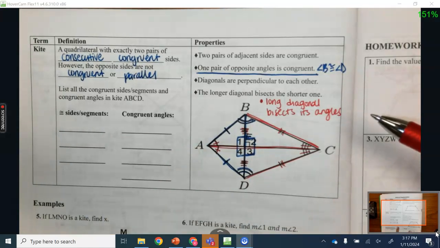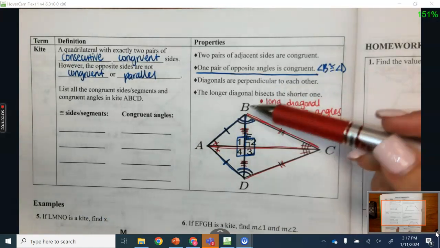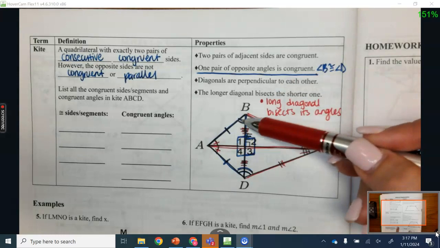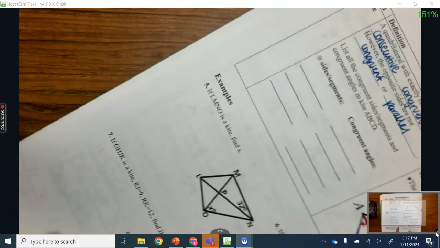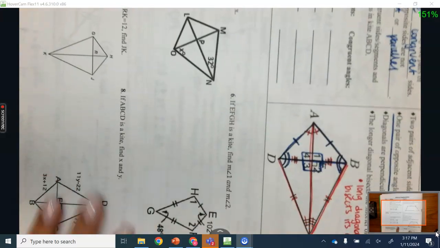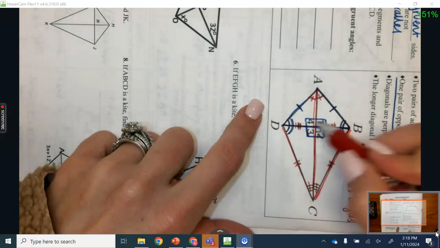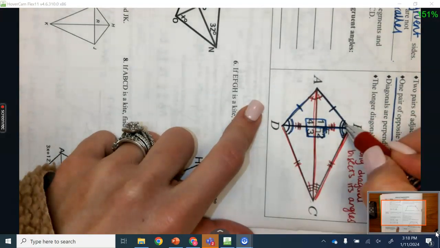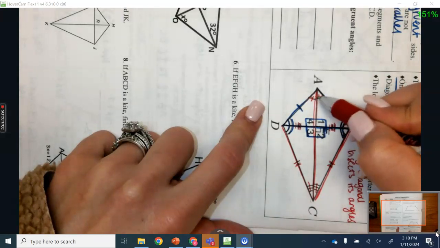Okay, and the way to think about this is that we have created 2 isosceles triangles, one on this side, one on this side. Remember isosceles triangles, if I kind of look at just this first one, here are my 2 congruent legs, here are my 2 congruent base angles. Okay, and then the vertex angle, if I were to drop down an altitude, would bisect that vertex angle.